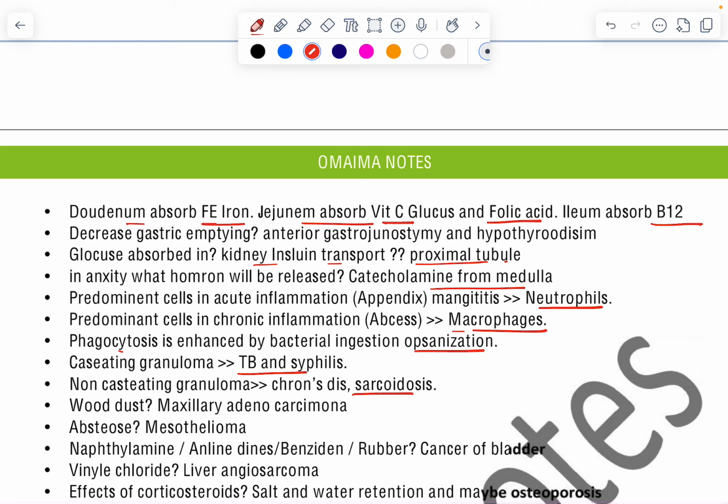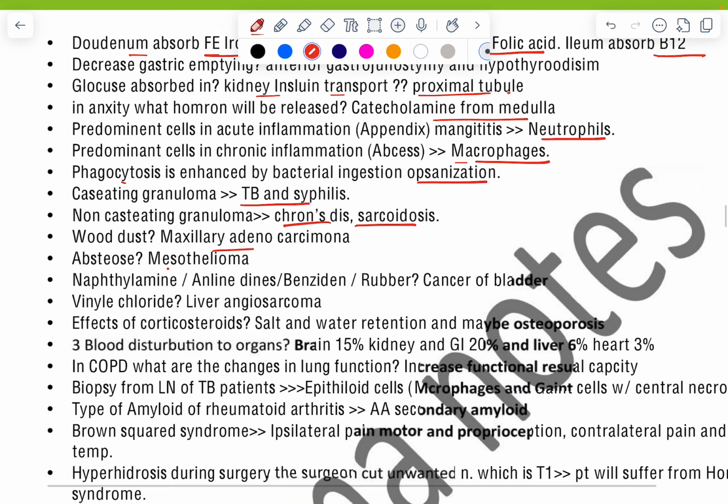Non-caseating: sarcoidosis, Crohn's. Wood dust: maxillary adenocarcinoma. Asbestosis: mesothelioma. Beta-naphthylamine, aniline, benzene, rubber all cause cancer of the bladder, transitional cell carcinoma. Vinyl chloride: liver angiosarcoma.